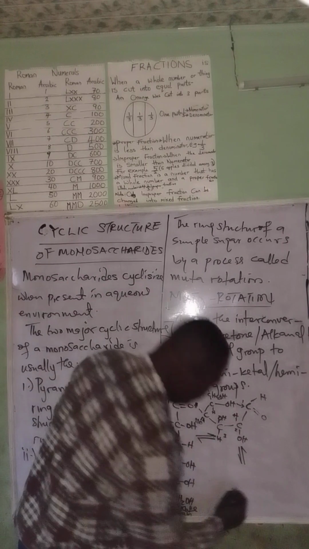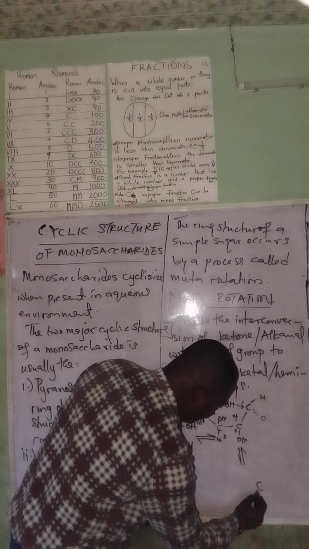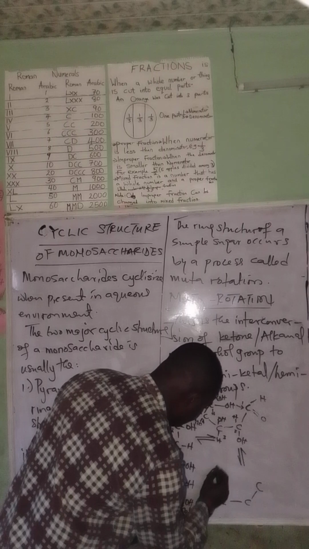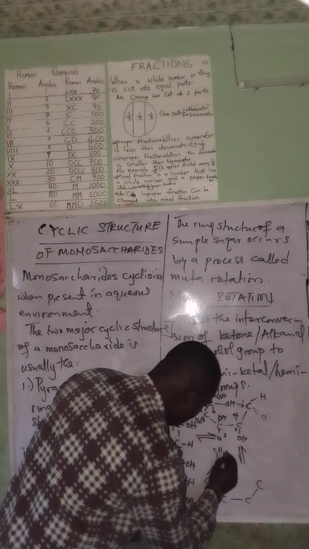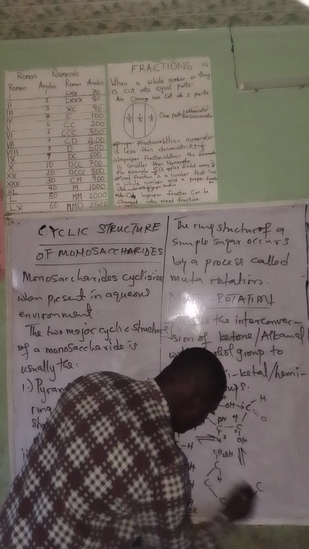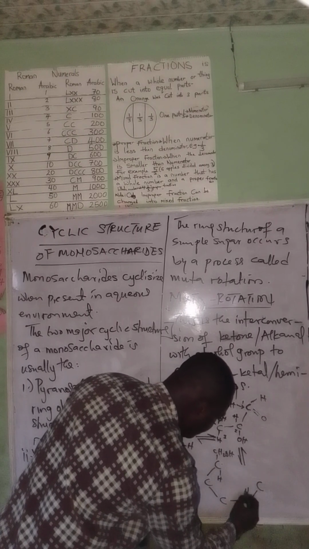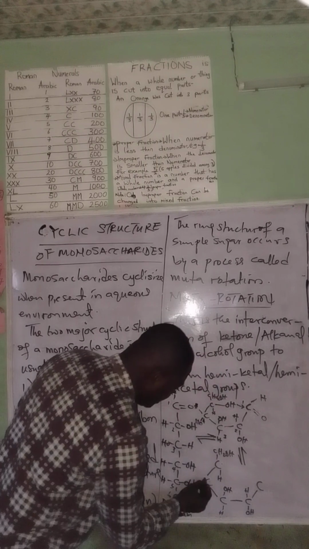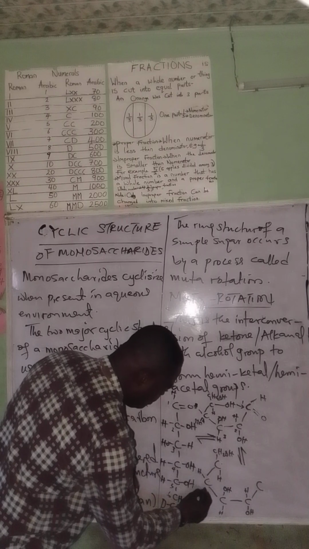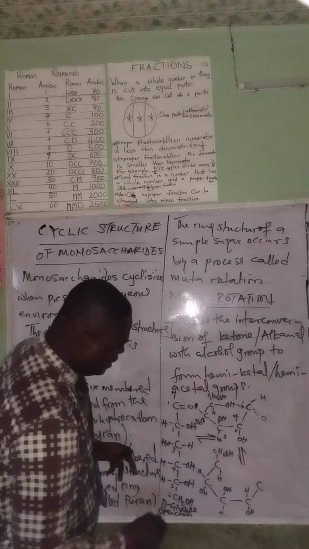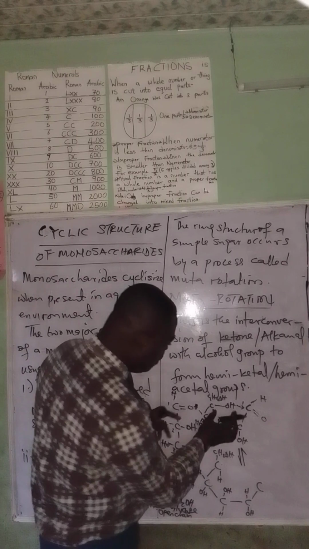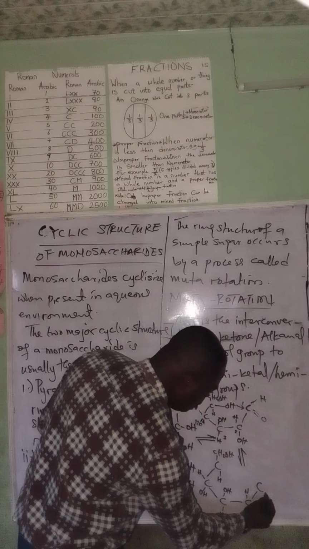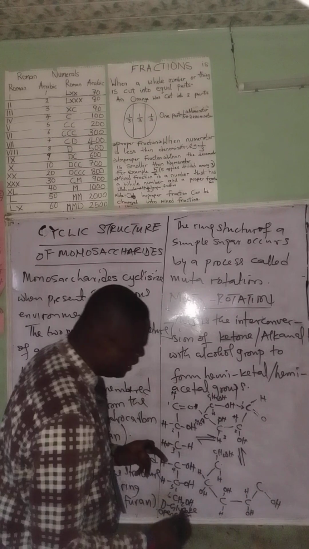Now, let me redraw this. There will be an interchange. Here we have H, OH, OH, H, and here we have H up, OH down. Now, what is going to happen is that this OH will leave its position and come and replace this O. That's interconversion.